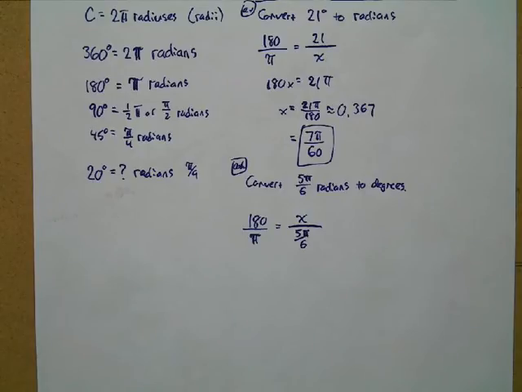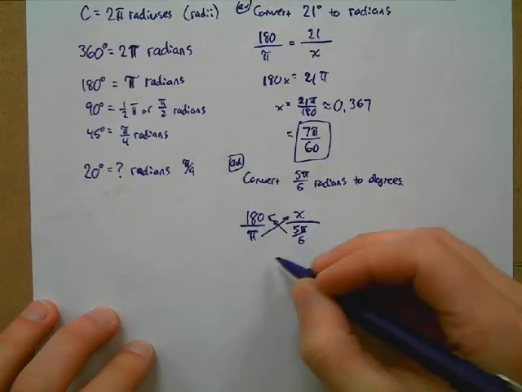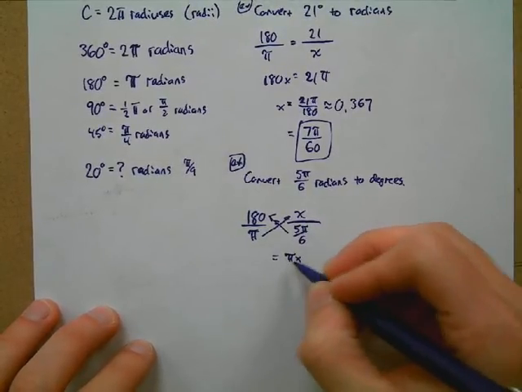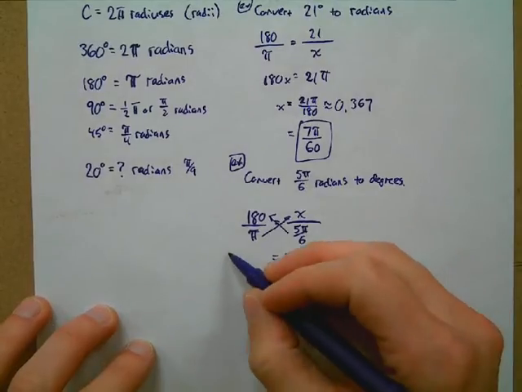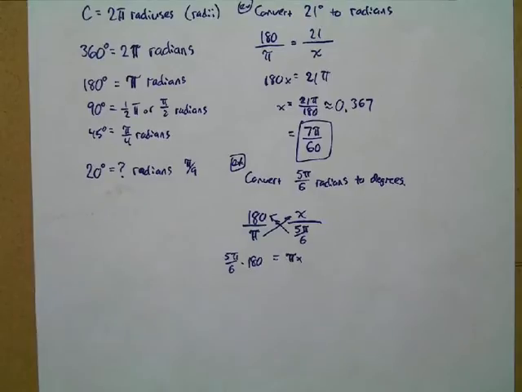So now we cross multiply here. 5 pi over 6 times 180 equals pi times x. So you get pi x equals 5 pi over 6 times 180. Well, before I multiply these, I can simplify the 180 and the 6 there. 180 divided by 6 is 30, and that makes that just a 1.